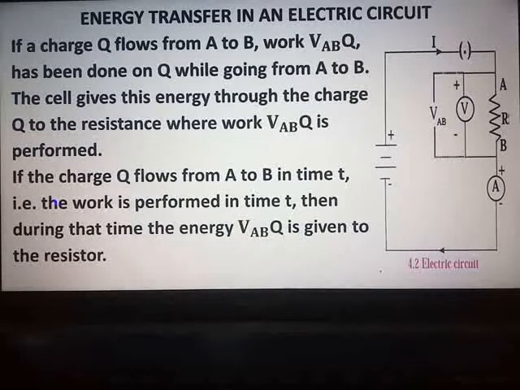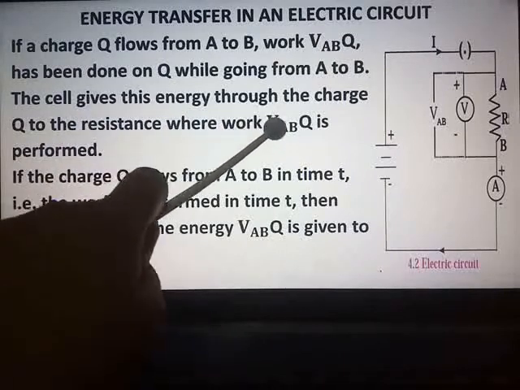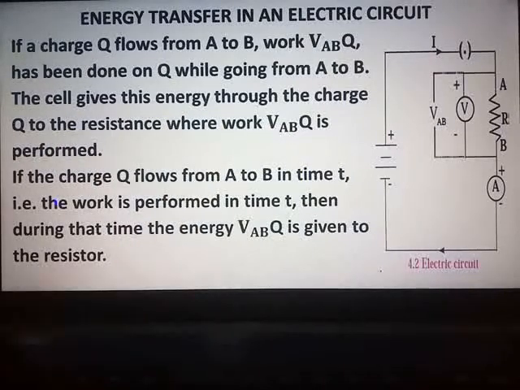You might be wondering from where the energy is supplied. The source of energy is the cell, and this cell gives this energy through the charge Q to the resistance, where work V multiplied by Q is performed.